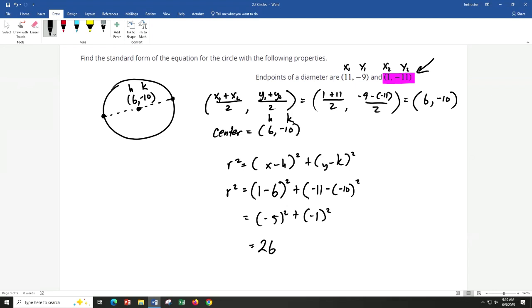This is that number, okay? So how you put this in, I would just come here and go x minus 6 squared plus y plus 10 squared is equal to 26. That would be some number squared, okay? It'd be some ugly number squared because it's not a perfect square, so I just keep it as the 26, okay? Good with that one?